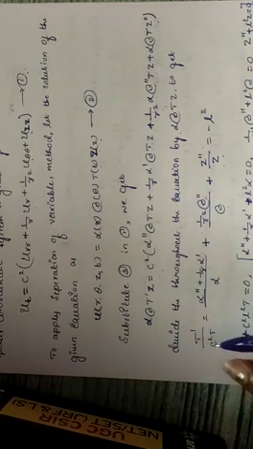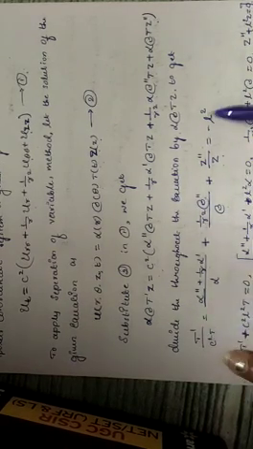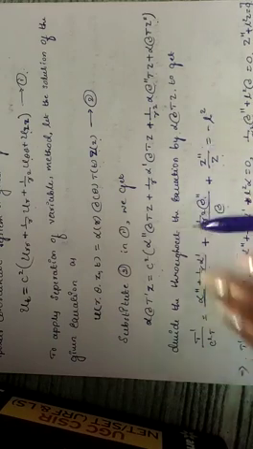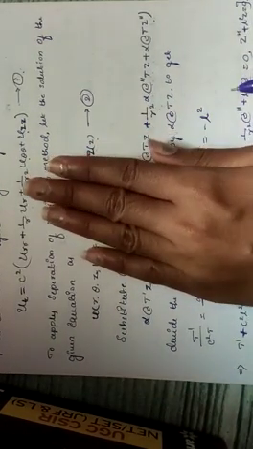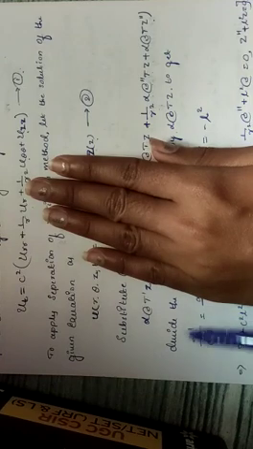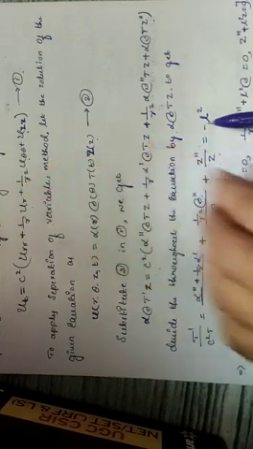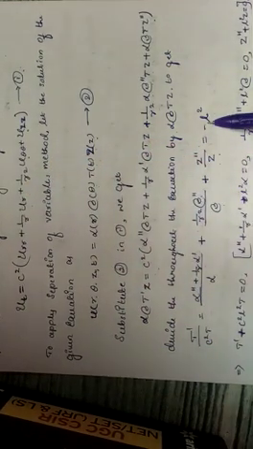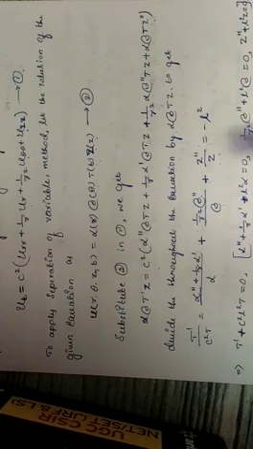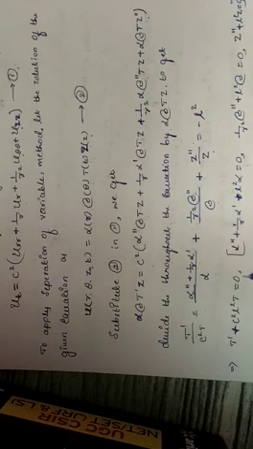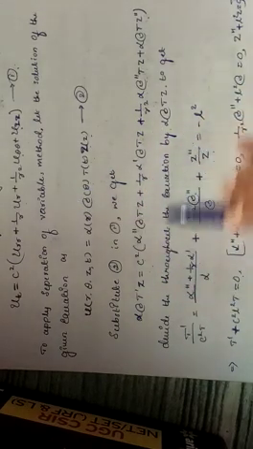Rearranging this, we get T dash plus c square L square into T equals 0. Later we concentrate on the other terms.